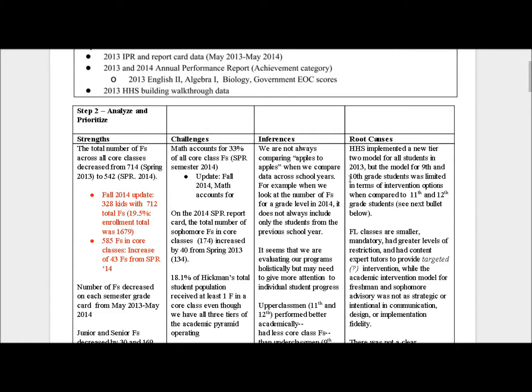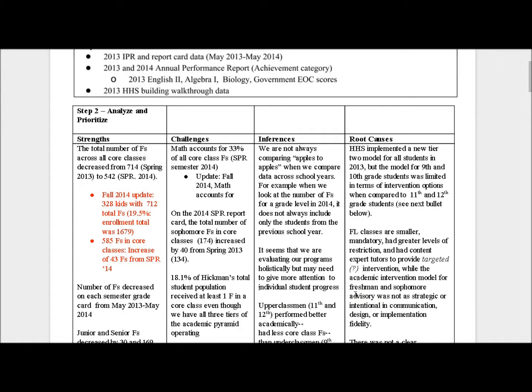As you notice, I didn't want to talk about one strength and then the inference for that strength, or one challenge and then the inference for that challenge. I wanted to look at our data as a holistic set itself and talk about, since we're looking at achievement, I wanted to look at it all under the reality of achievement.